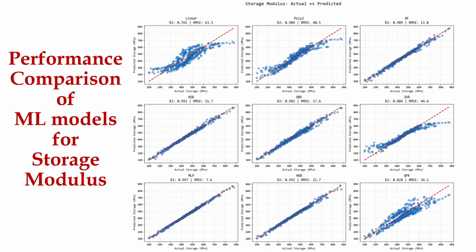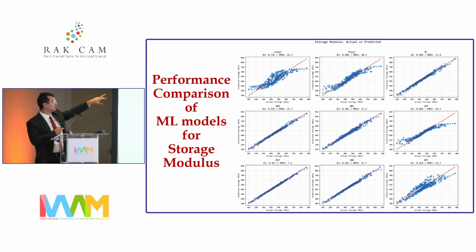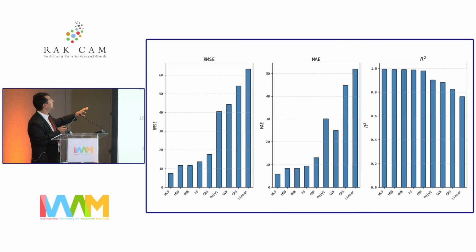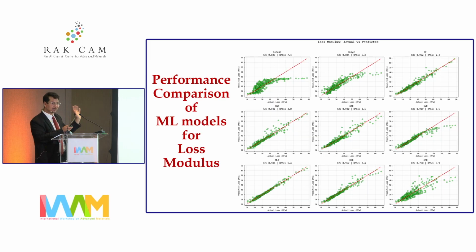As you can see, I have mentioned R square and RMSE values as well. To get the best model, we should have the maximum R square value, and MLP, the multi-layer perceptron, got the highest R square value. So this is the comparison. In the last graph, you can see that MLP has the highest R square value, and subsequently the performance decreases. So I selected MLP for storage modulus.